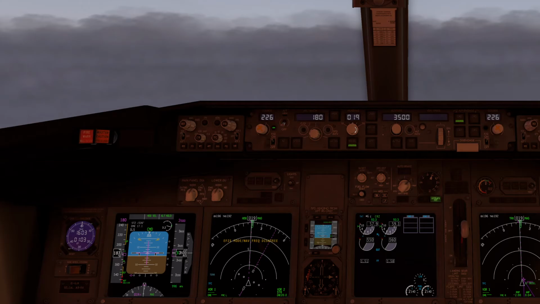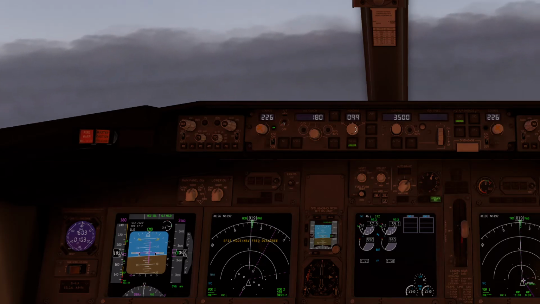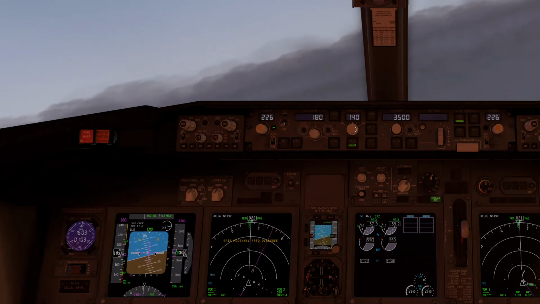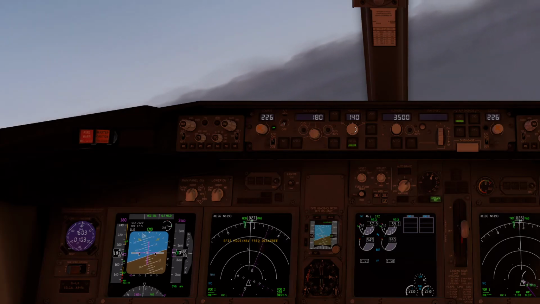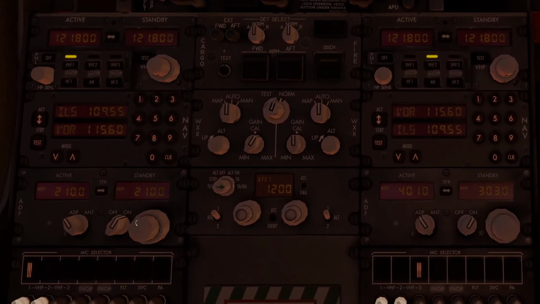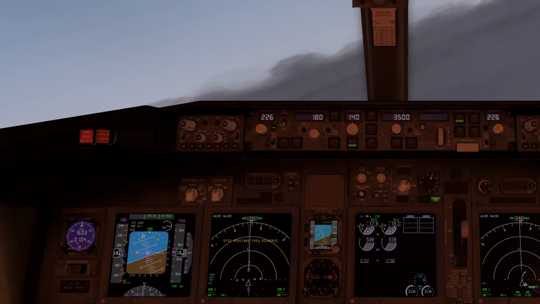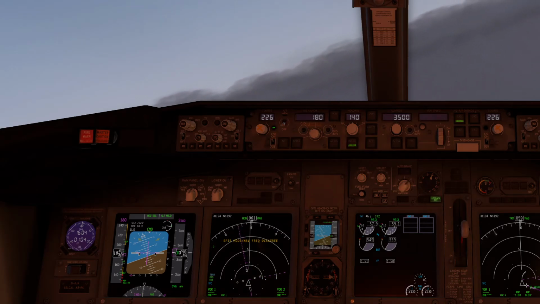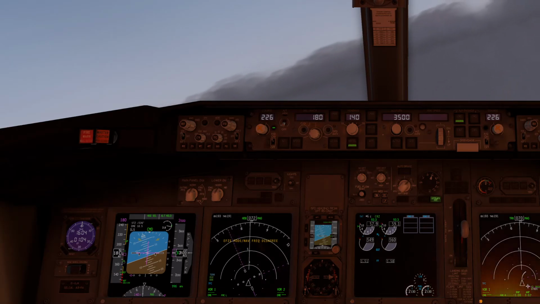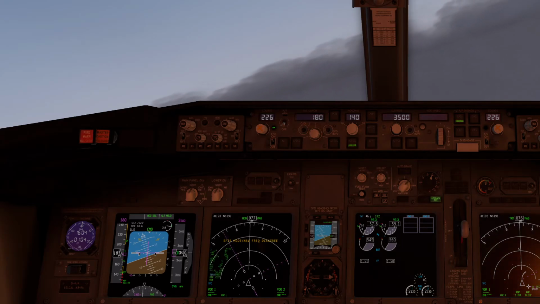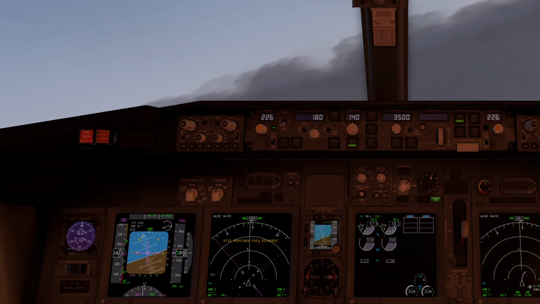So 20 miles, so we turn right, heading 140. That's the base. And we switch the second ILS on. So it should be a 190 intercept.